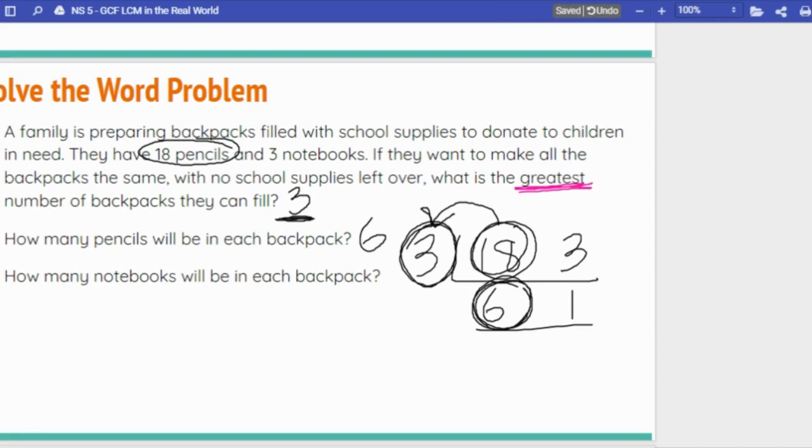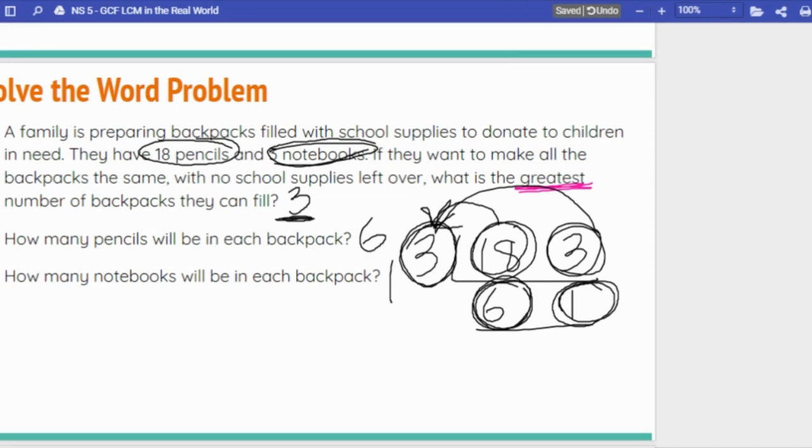Now, 3 notebooks is all I have for this next question. How many notebooks will there be in each backpack? I only have 3 notebooks right here, and I'm putting them into 3 backpacks. How many are going to be in each? Only 1.